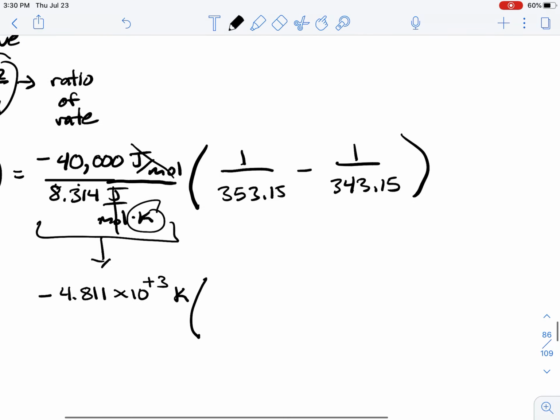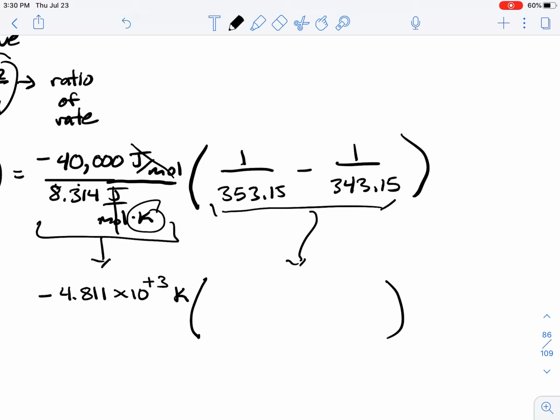And so now I'm going to go ahead and plug this part into my calculator and see what I get. So I have 1 divided by, actually let me put parentheses here. So 1 divided by 353.15 minus 1 divided by 343.15.